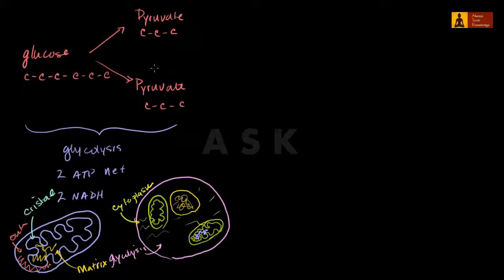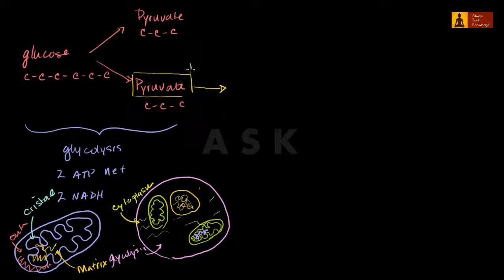Now, you have these pyruvates. They're not quite ready for the Kreb cycle, so how do you make them ready for the Kreb cycle? They actually get oxidized, and I'll just focus on one of these pyruvates. We just have to remember that this happens twice for every molecule of glucose. So we have this kind of preparation step for the Kreb cycle.